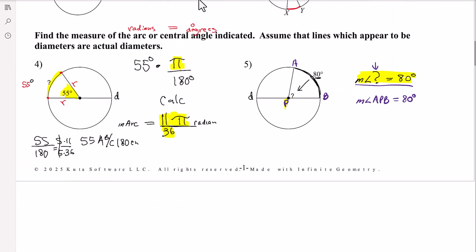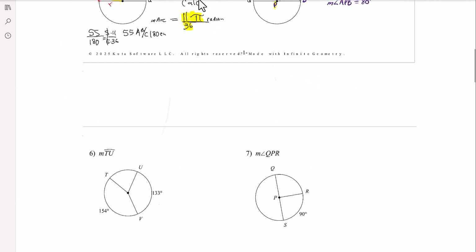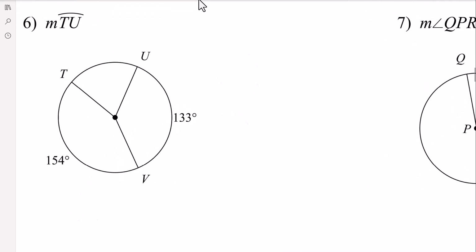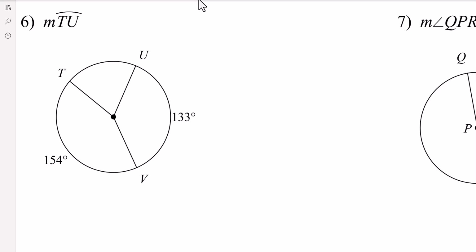So the instructions say find the measure of the arc or the central angle. So now this gets a little bit trickier because now we have to use math. Remember, the measure of a circle in degrees is 360 degrees. Well, they gave us this measure.